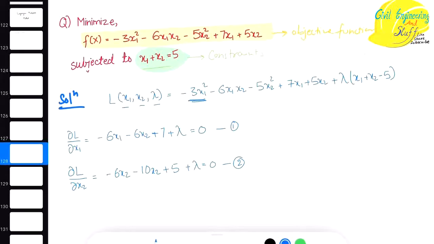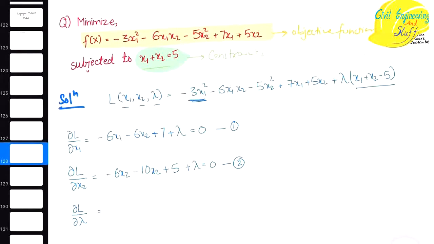So this is our second equation. Then the third variable is lambda. Differentiating the Lagrange's equation with respect to lambda, we'll see that we get only this equation.